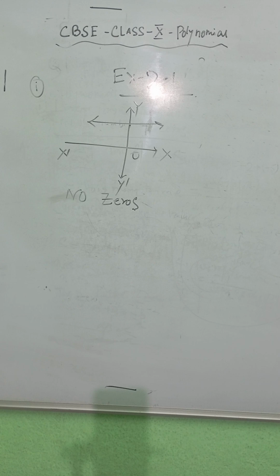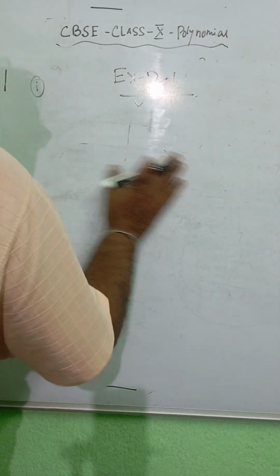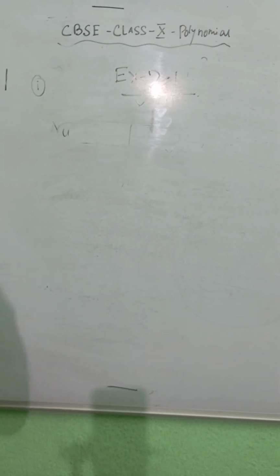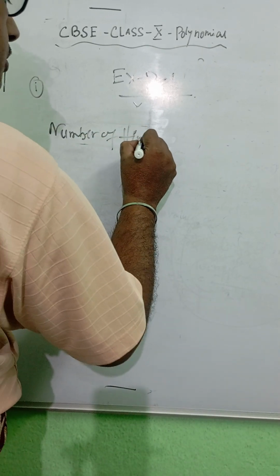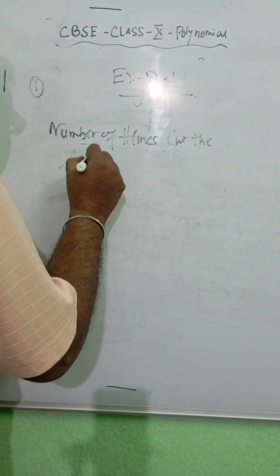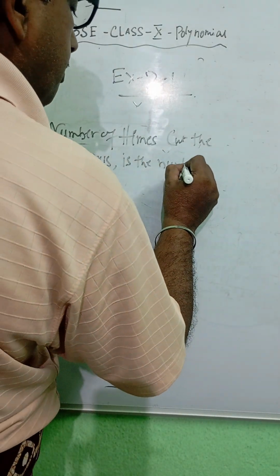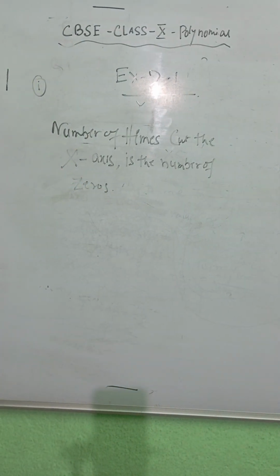Listen carefully: the number of times the curve cuts the x-axis is the number of zeros.